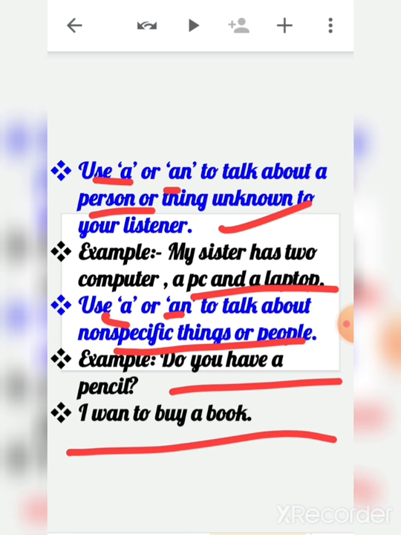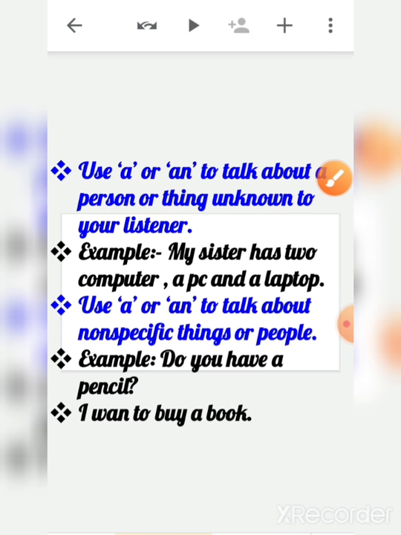I want to buy a book. Which book? English book, Hindi book, or name of some book? No, but I am referring to a non-specific thing. So when we talk about non-specific things or people, we use a or an.